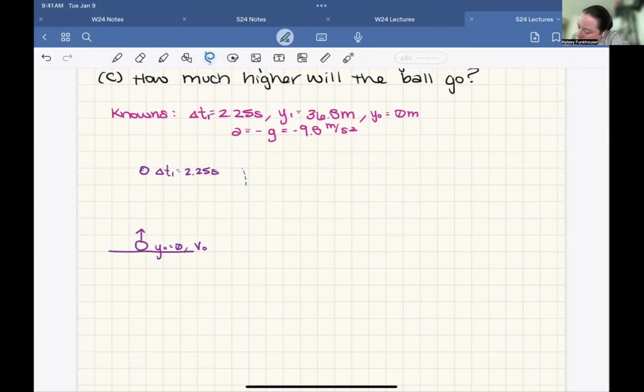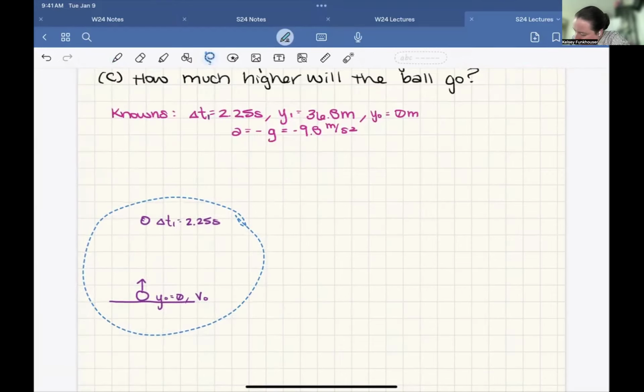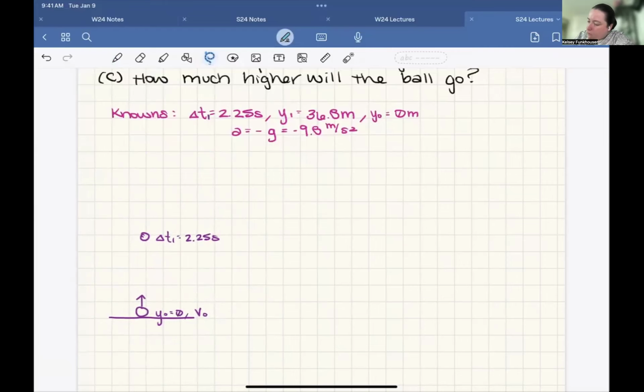And at that time, y1 equals 36.8 meters. We don't know what v1 is. Finally, we have some maximum height, some y final that we don't know. We don't know what this time interval is.